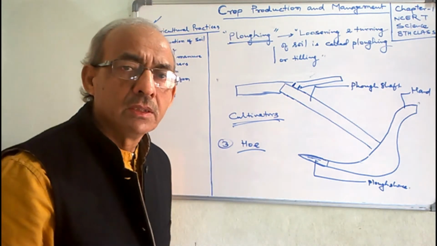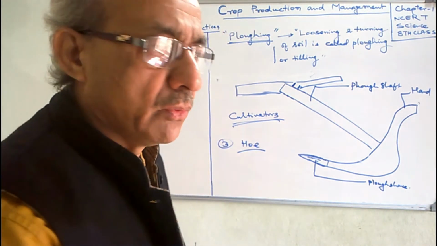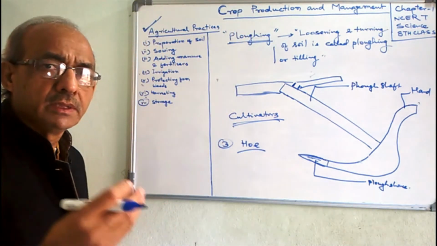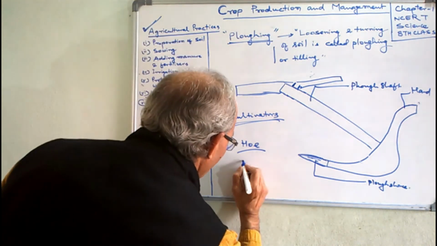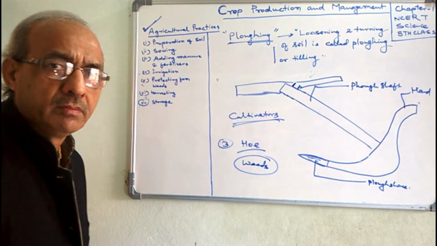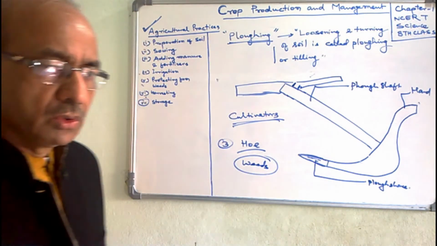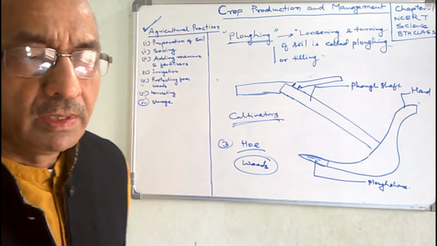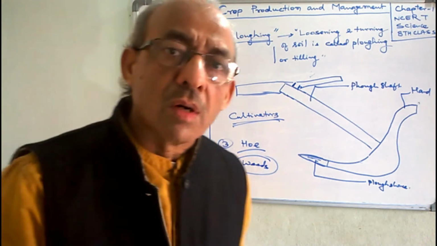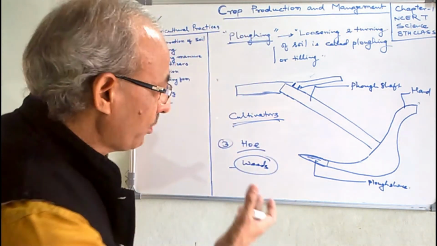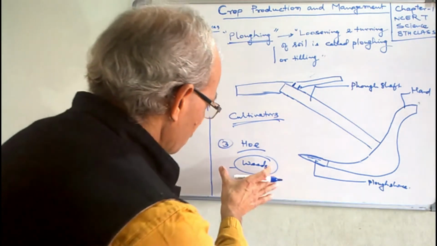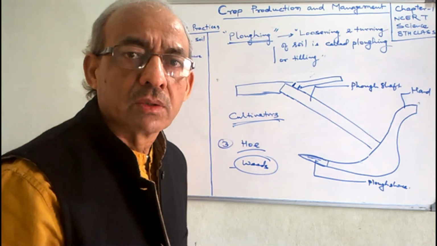In the next session, we will discuss weeding or weeds. Now I am telling you about weeds in a concise way. Weeds are undesirable, unwanted plants which grow in crop fields, and they compete with the actual crop plants. They occupy the space, they absorb the nutrients and water from the land, so they harm the actual crop plants.